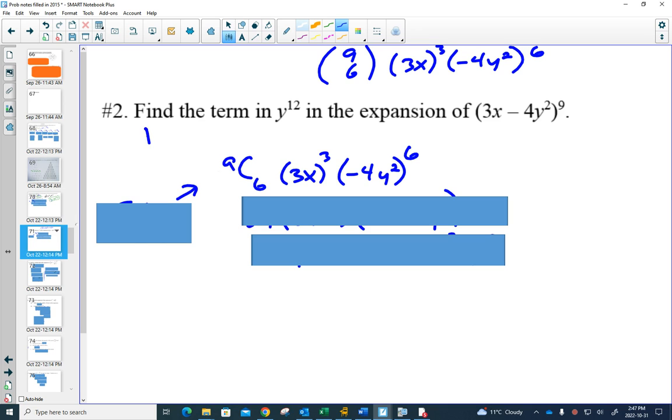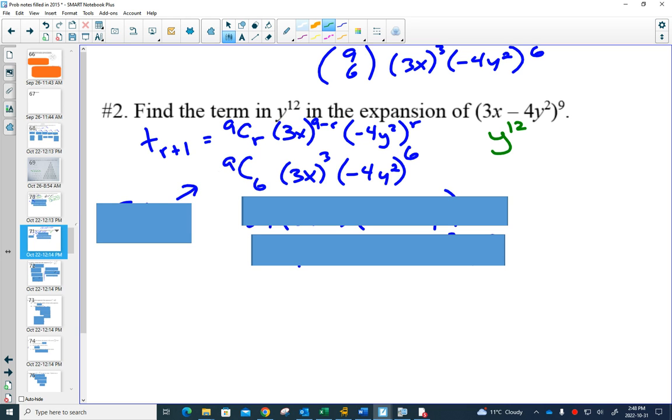I would look at my term r plus 1, and I don't know which term has the y to the 12. So temporarily, I'd say, well, I know it's going to have 9 choose r, and I know it's going to have 3x to the 9 minus r and negative 4y squared to the r. And the only hint that I have is that it's going to have a y to the 12.